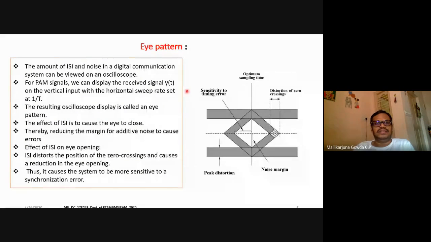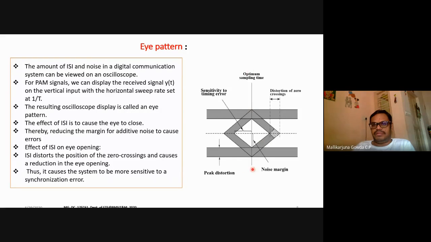For PAM signals, the eye pattern is displayed by applying the received signal to the vertical input, with the horizontal sweep rate set at the symbol rate, 1 by T. Whatever display we get on the oscilloscope, we call it an eye pattern. So I told you about what the eye pattern is.